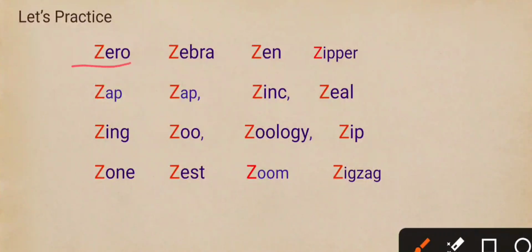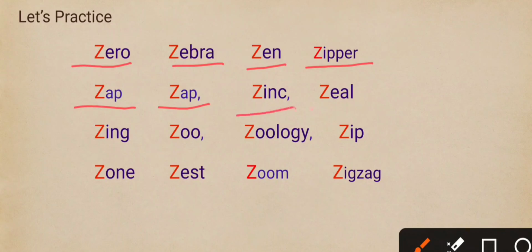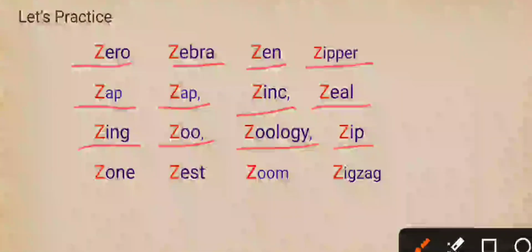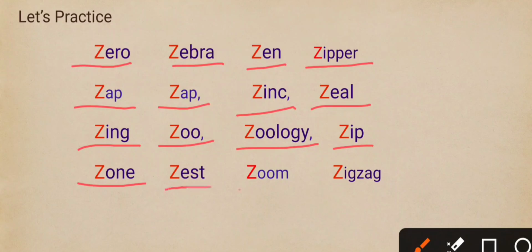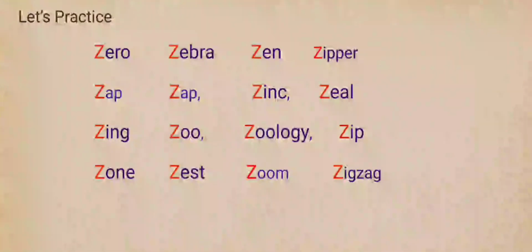Zero, zebra, zen, zipper, zap, zinc, zeal, zing, zoo, zoology, zip, zone, zest, zoom, zigzag. Clear?